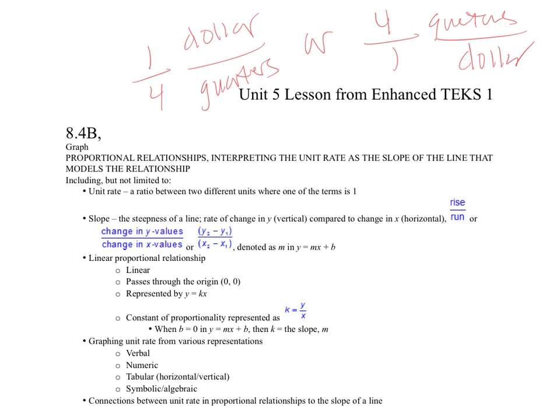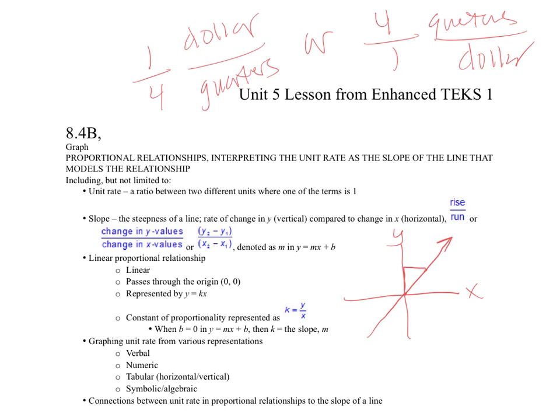Now, slope, on the other hand, we talk about the steepness of a line. The rate of change in y, which is your vertical component, compared to the change in x, which is your horizontal component. We also note that this is the same as rise over run. So if we have a particular graph that's running through the origin, and we take a point here, and we're looking for a point here, we would rise up so far and run so far.